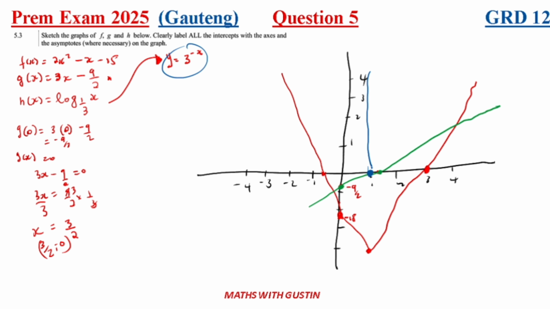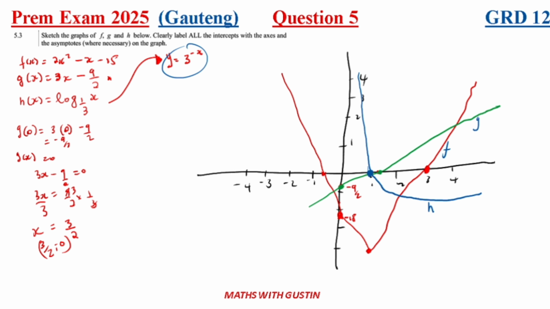It is not going to touch the y-axis, it's just going to be like that. Let me see, just going to be close to there, then it goes all the way like that. So now this is the graph of h, this one is the graph of f of x, this is the graph of g, and that's how your functions would look like, guys.